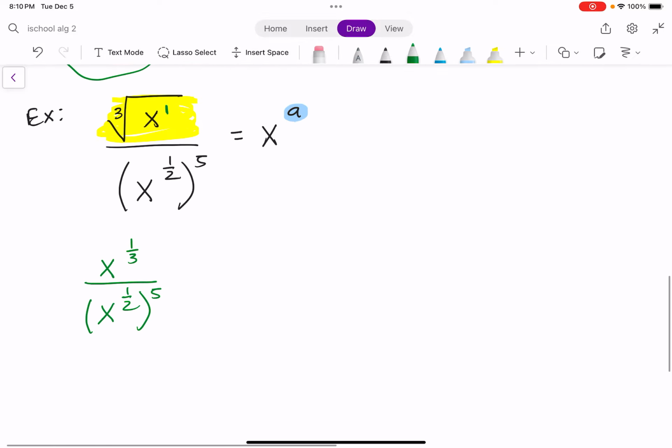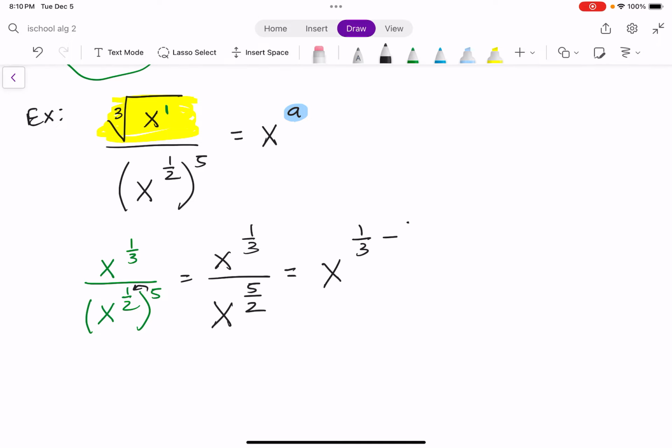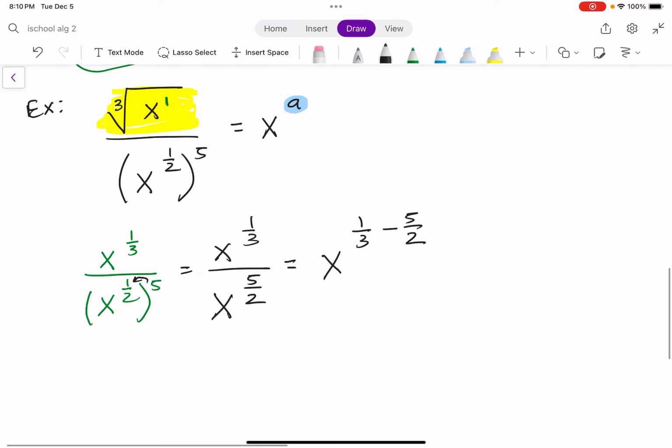Now to get rid of the parentheses, we're going to multiply. So I have x to the 1/3 over x to the power of 5/2. Now we're going to combine by adding or subtracting. In this case, I subtract. I do 1/3 minus 5/2. When I put that in my calculator, I'm going to get x to the power of -13/6.